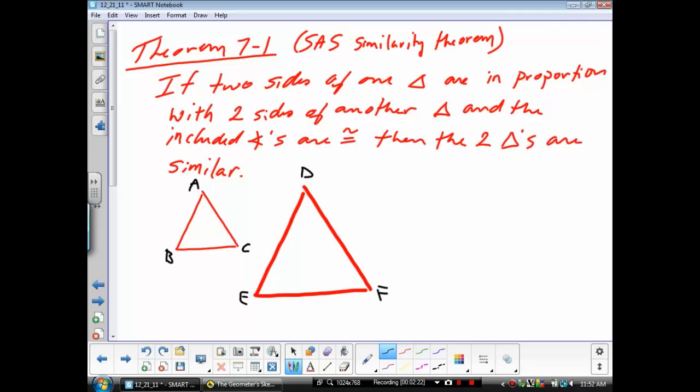And we are given that we have two sides of one triangle in proportion with two sides of another, which would be AB is to DE as AC is to DF.